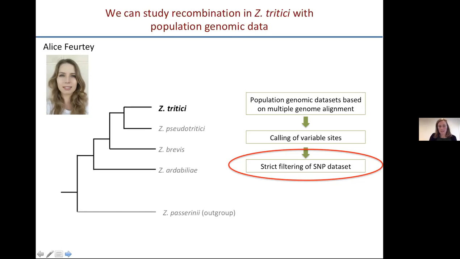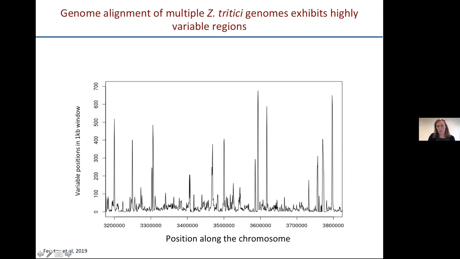and one thing that she stumbled over when she had done a SNP filtering that she thought was satisfying was that she would find these strange peaks here. Again, here we have chopped up our genome alignment in windows of 1 kb, and then we have counted the number of variable positions, and you can see that we actually have some peaks where half or more of the sites in a window are variable.